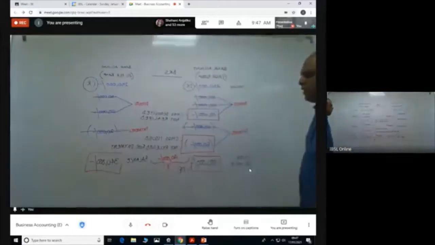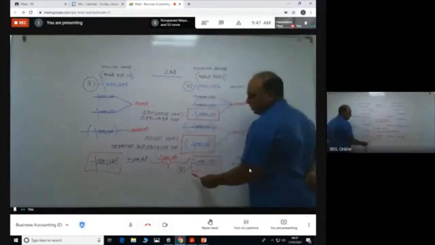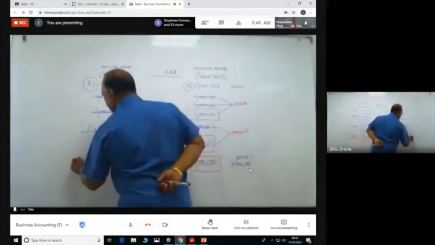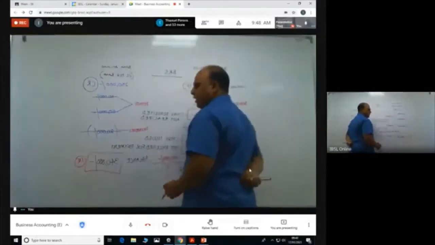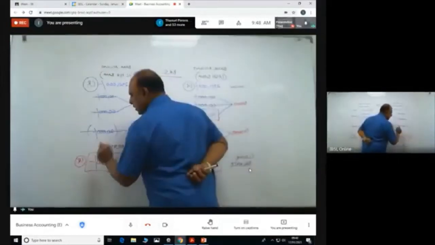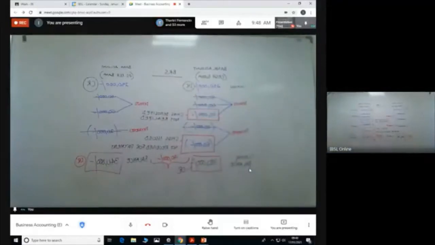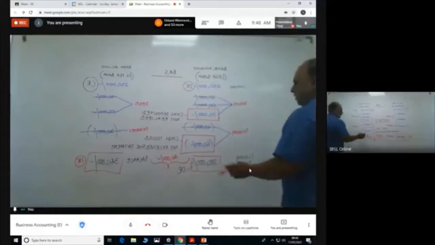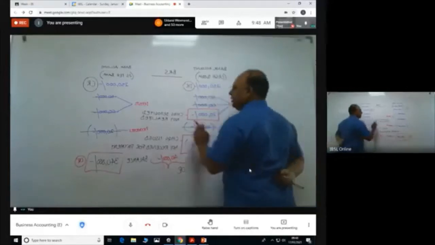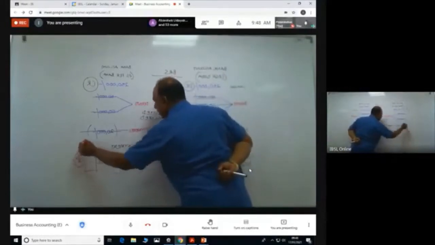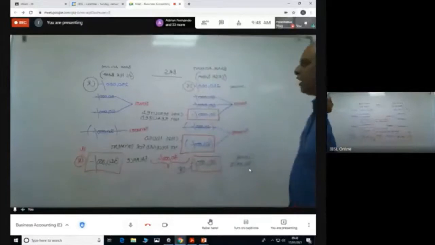So when you are doing the reconciliation based on closing balances, you have to ensure if it is debit here, it has to be credit here. Sometimes there could be debits also here. Then it will become a problem. We have to see how we deal with that. So generally, if it is a debit here, it will be a credit here. If it's a debit here, then that will be called by a different name.